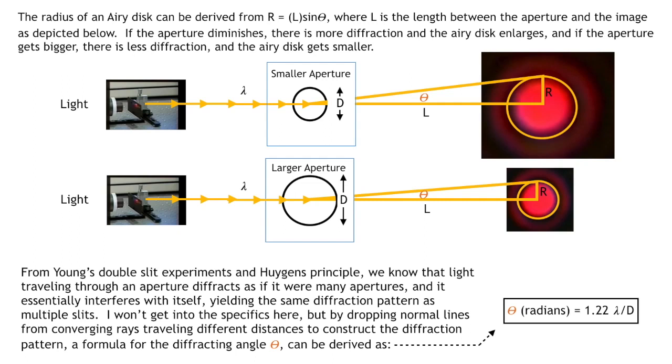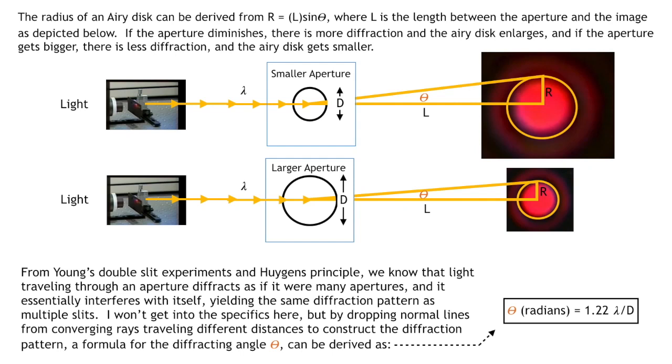If you reduce the size of the aperture, the Airy disk gets larger, almost like it's splattering the light all over the place. And as the aperture gets bigger, the light can create more of a pinpoint Airy disk pattern on the back. So larger the aperture, smaller the Airy disk. And smaller the aperture, larger the Airy disk.